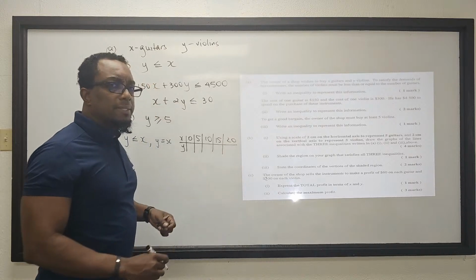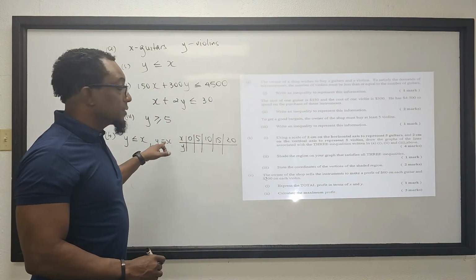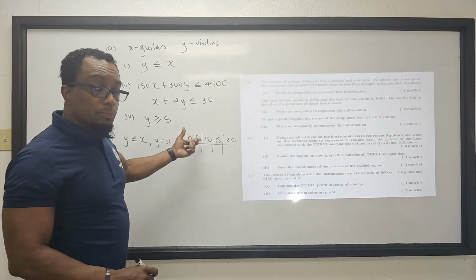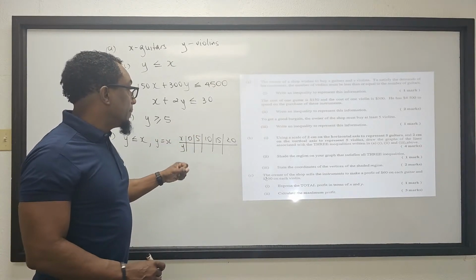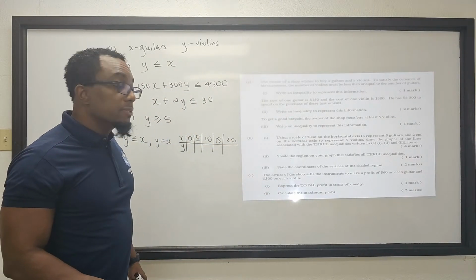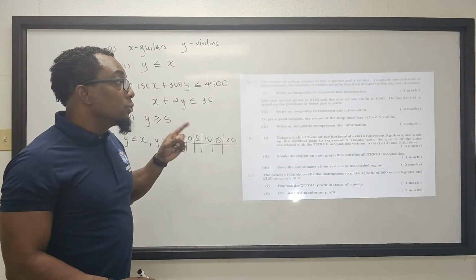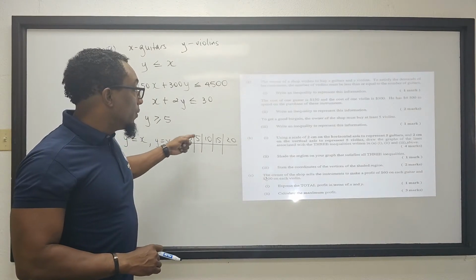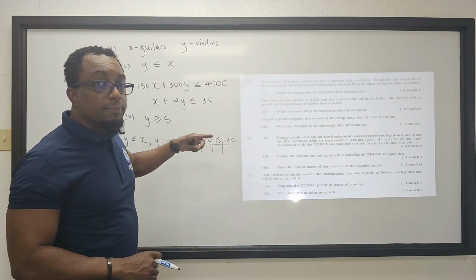You can move up to 20. We use the scale to help identify where we're going to start. If 2 centimeters represent 5 guitars, then you start with 0, increase by 5, 10, 15, and so on.